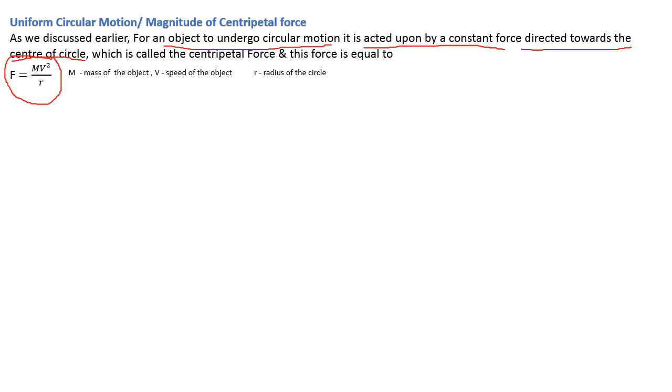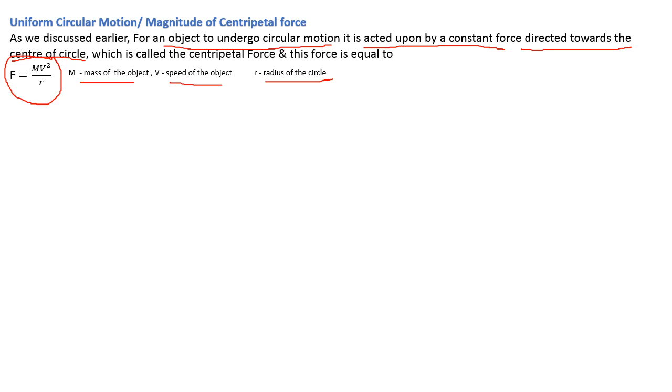We have to consider only that the centripetal force acting towards the center is equal to mv squared upon r. How it is derived, you will study in the higher standard. Right now, just remember that F equals mv squared upon r, where m is the mass of the object, v is the speed of the object, and r is the radius of the circle.